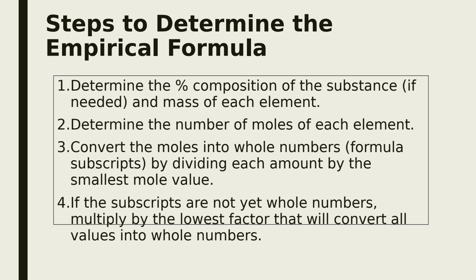There are a few steps in order to determine the empirical formula. If a chemist found an unknown compound, they would put it through an analysis and they could figure out the types of elements that are there and also the percentage composition of each element within that compound. Once you know the percent composition, you can convert that to a mass of each element and then calculate the number of moles of each of the elements in your compound.